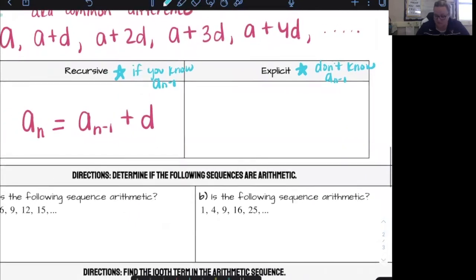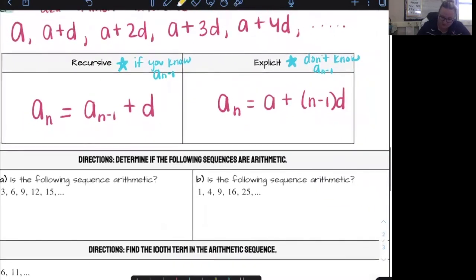When you use an explicit formula, you're going to use A sub n is equal to the first term, the initial term, plus n minus 1 times the common difference. So let's talk about what some of these letters mean.